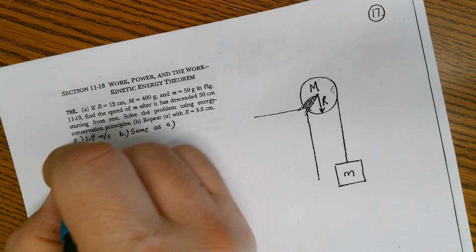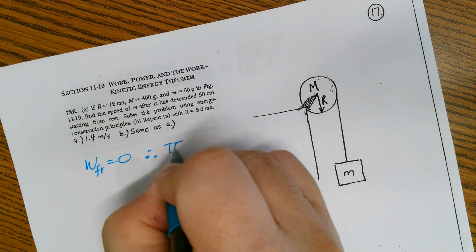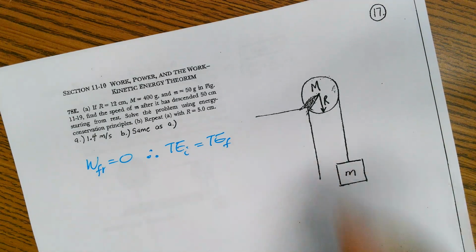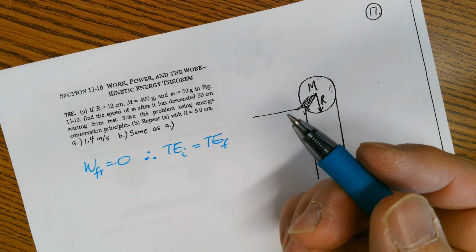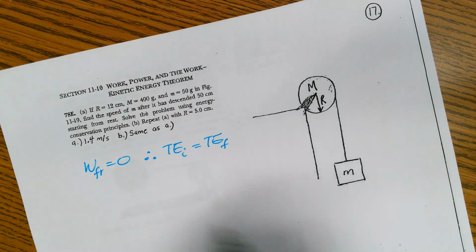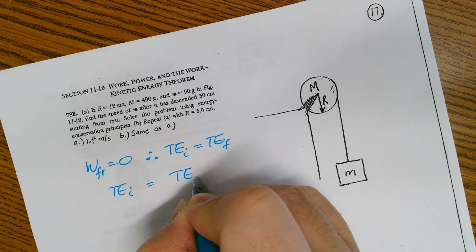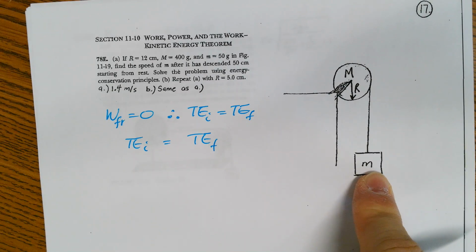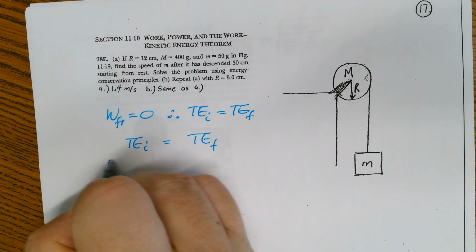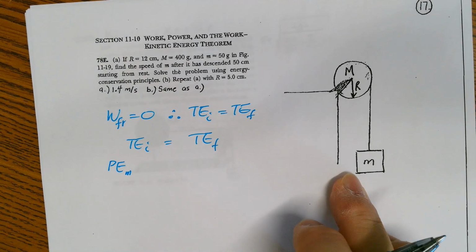Wow. So since work done by friction is equal to 0, therefore we're going to say total energy initial is equal to total energy final. Okay? We're going to assume that. Total energy initial is just simply potential energy of this hanging mass. So potential energy of small m. That's the only initial energy we start with.